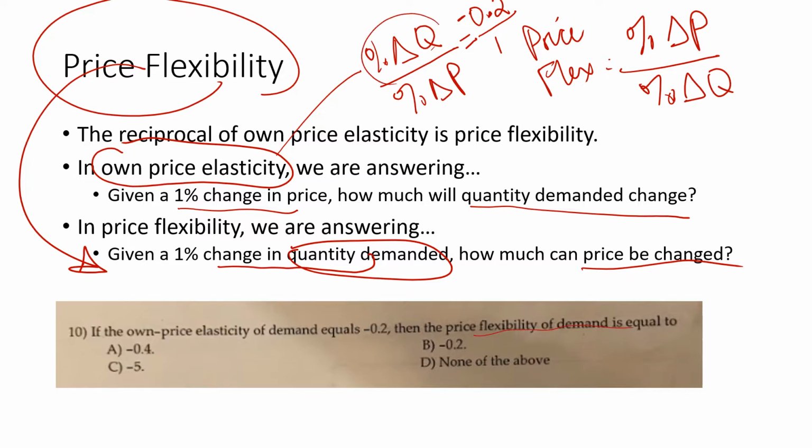Well, our percent change in quantity is negative 0.2, and then our change in price is 1, so we just flipped it. We went from negative 0.2 divided by 1 to 1 divided by negative 0.2. So I'm going to take 1 divided by 0.2 and put the negative sign in it, and that's going to be negative 5. Okay, so number 10, the answer is C, -5.